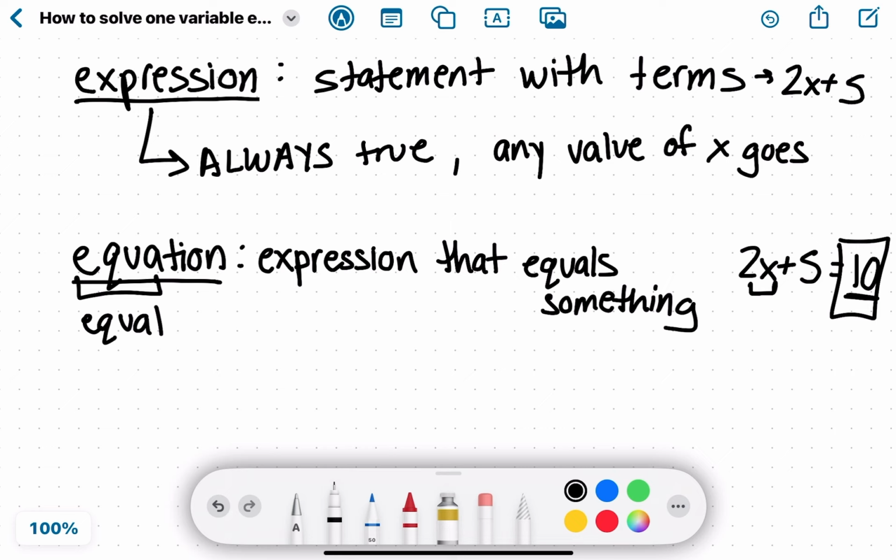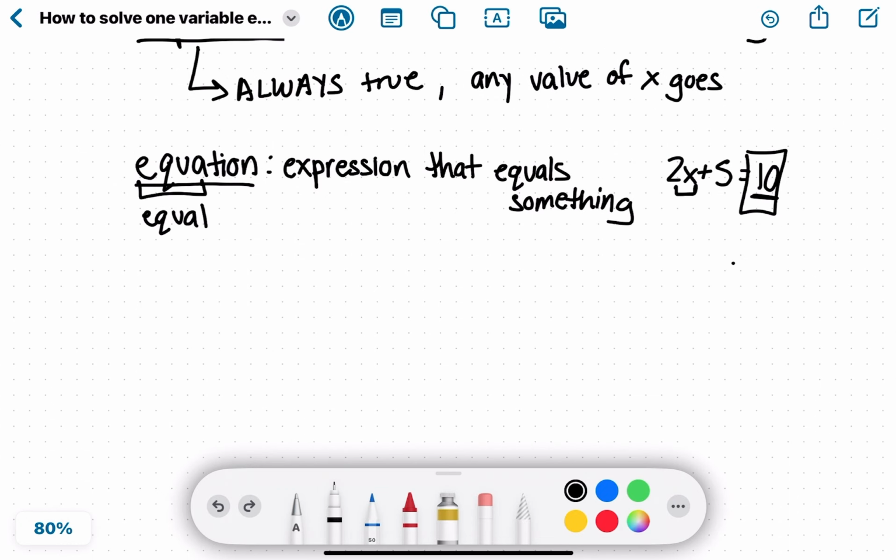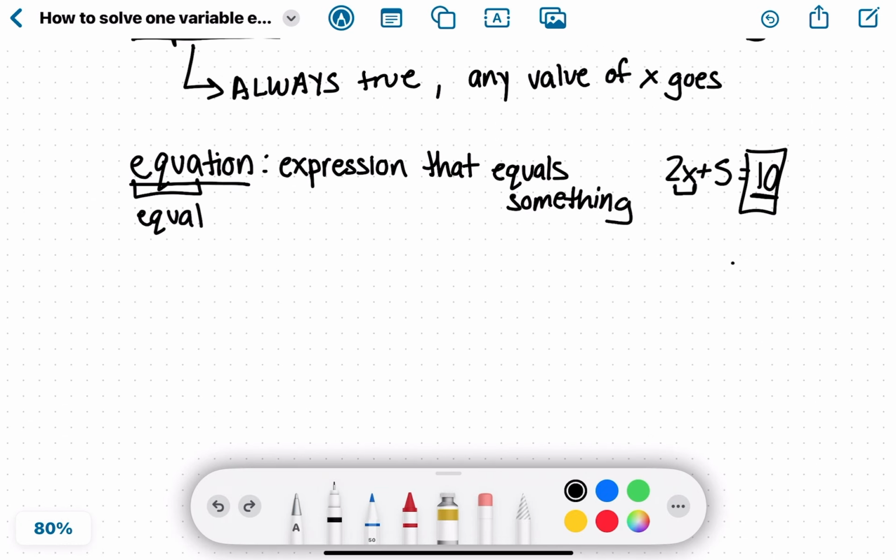Now, equations can have different amounts of solutions or answers. They can have one, they can have infinitely many, or they could have no solutions.